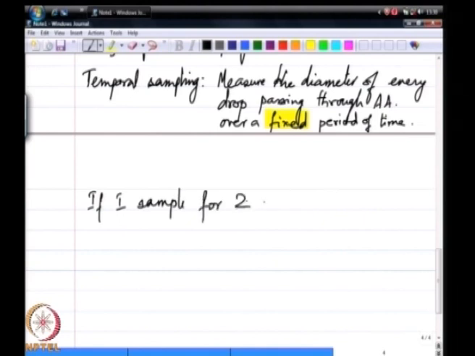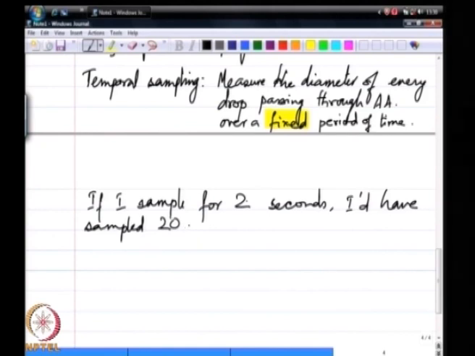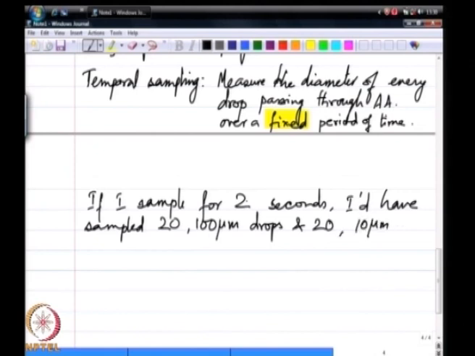If I sample for 2 seconds, I would have sampled 20 100 micron drops and 20 10 micron drops. So, again I can calculate the temporal mean diameter.